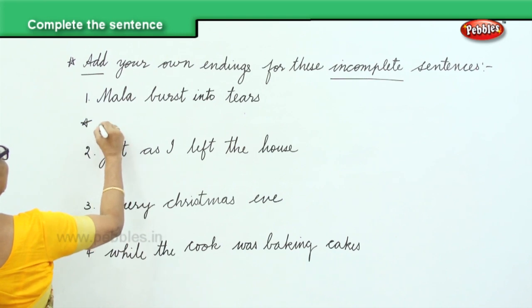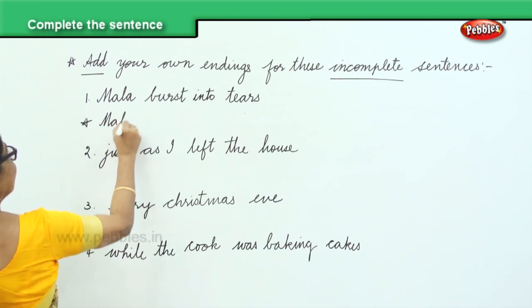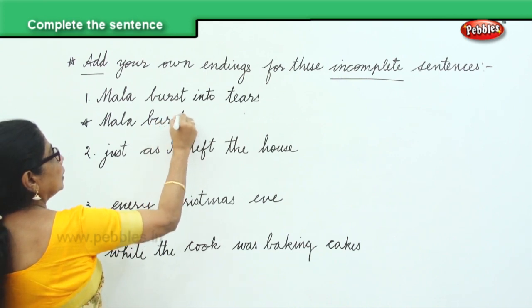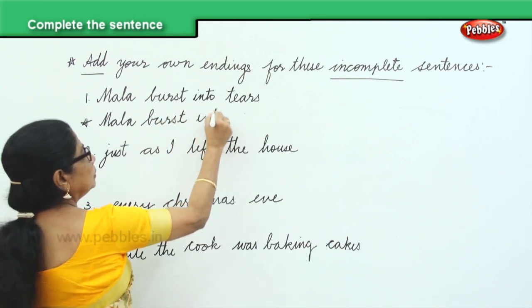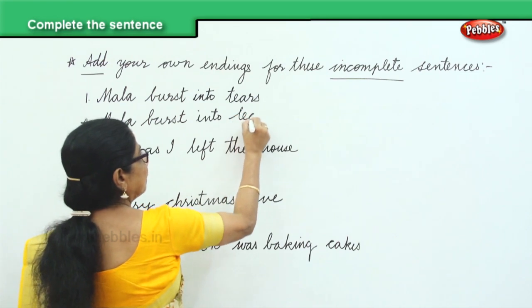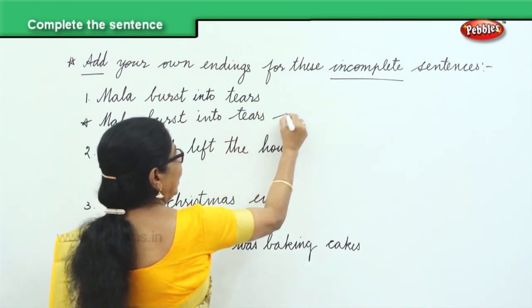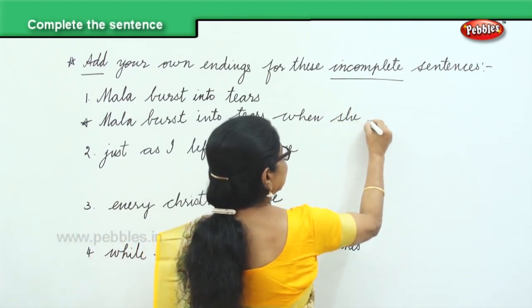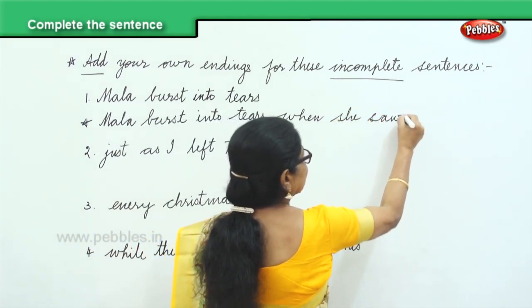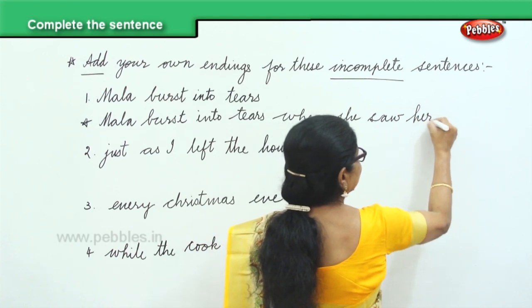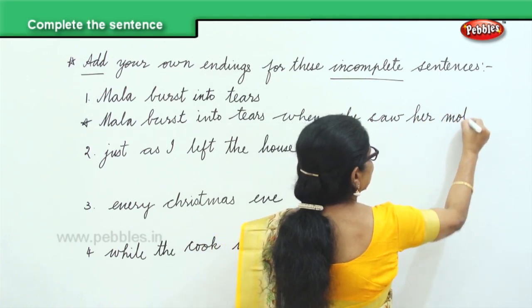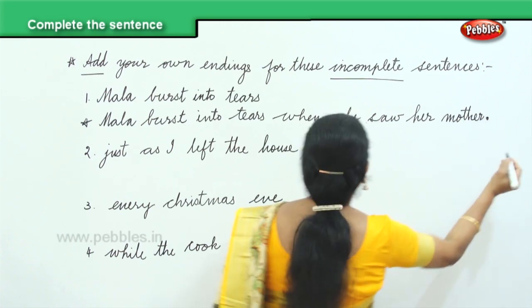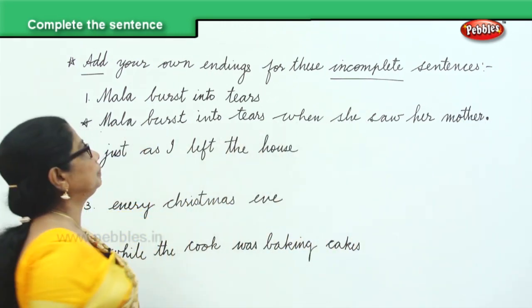Okay, answer. Mala burst into tears when she saw her mother. We completed the sentence, full stop, capital letter.